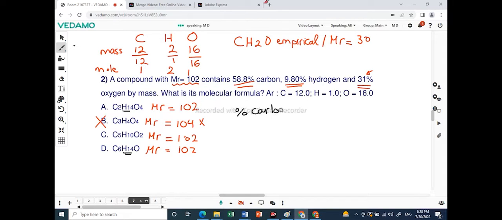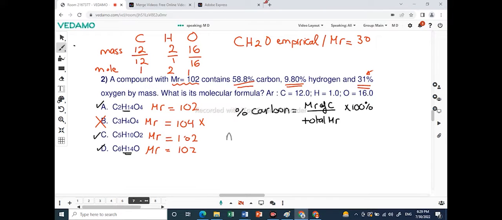So what I'm going to do now, I will try to look for the percentage of carbon for A, C, and D. To find the percentage of carbon, this is another lesson, but we can link for how to calculate the percentage here by taking the molar mass of carbon over the total molar mass times 100%.